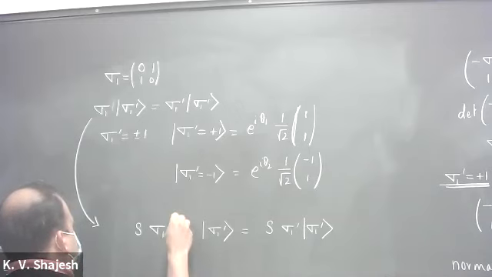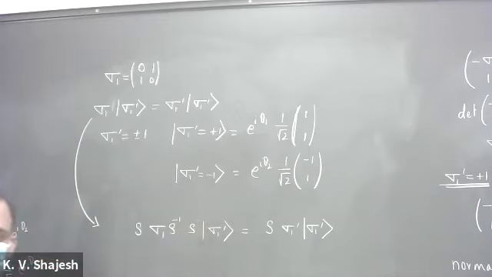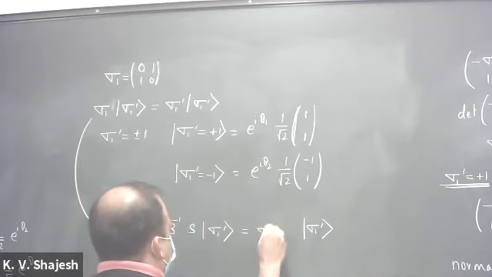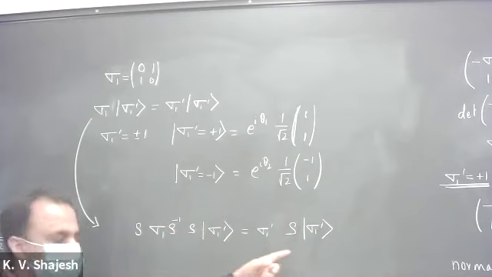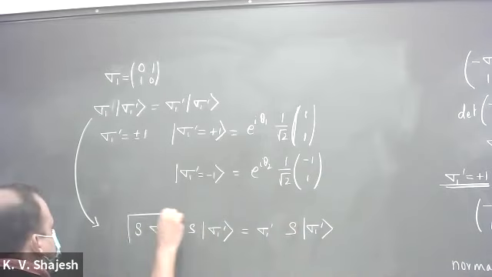I do S inverse times S here. That is 1, right? S inverse S is 1. I can always introduce that. And let me interchange this. That was a number. So sigma 1 prime times S. I first multiplied by an S. It penetrates that number. And I introduced an S, sigma 1 S inverse, right? This is a new matrix. Right? And this is a new eigenvector.